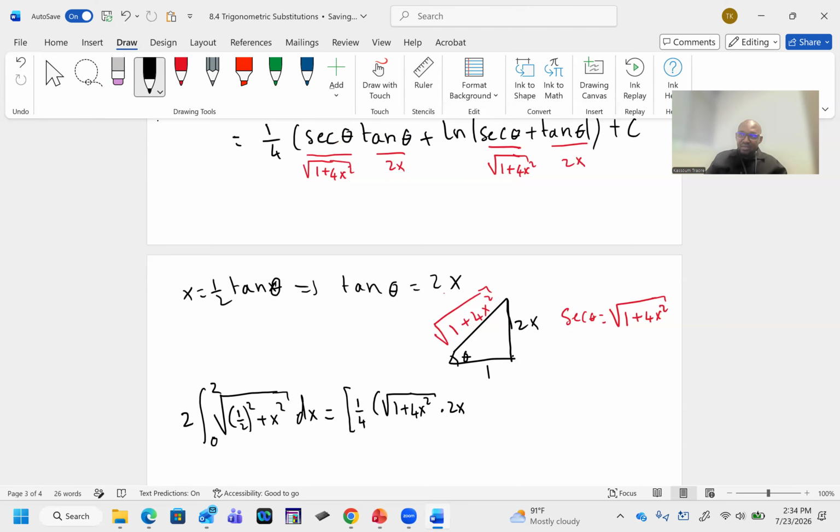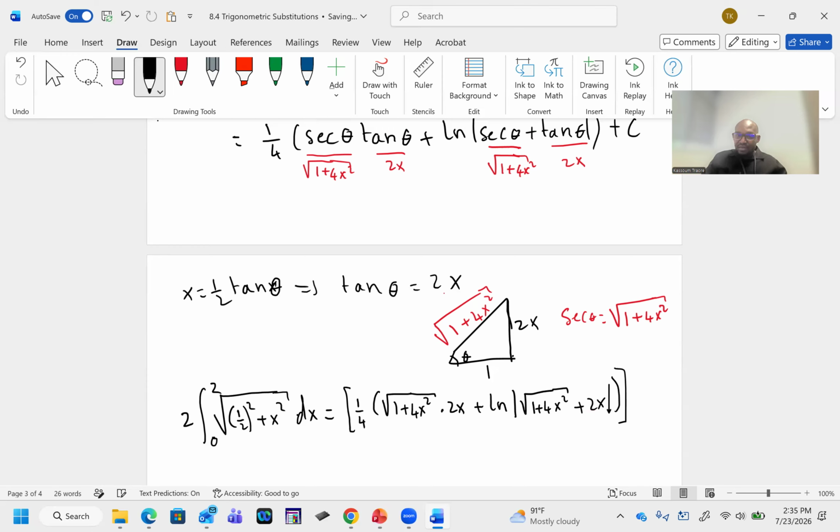If I want, I could put 2x in front, and then plus ln of the absolute value of secant theta, which is the square root of 1 plus 4x squared, plus tangent theta, which is 2x. Now close the parenthesis and the bracket.